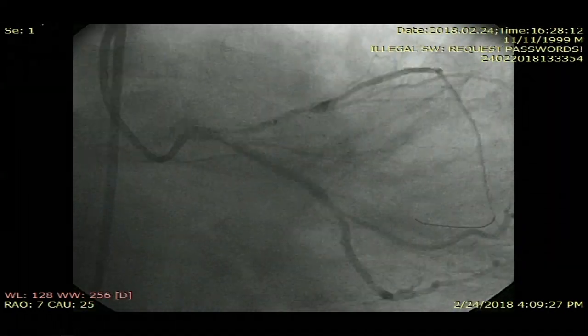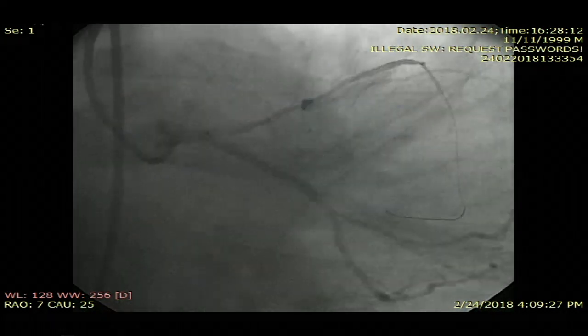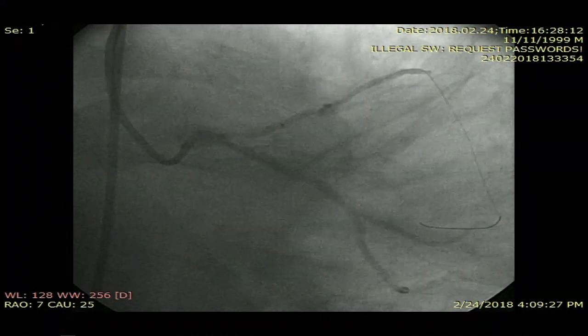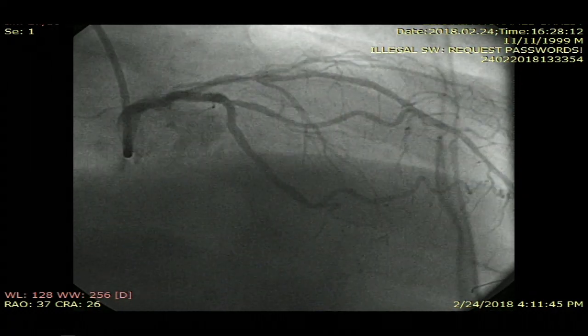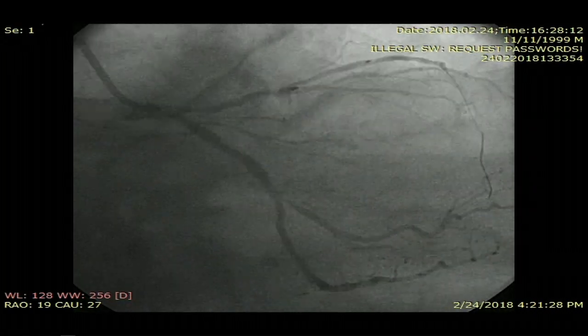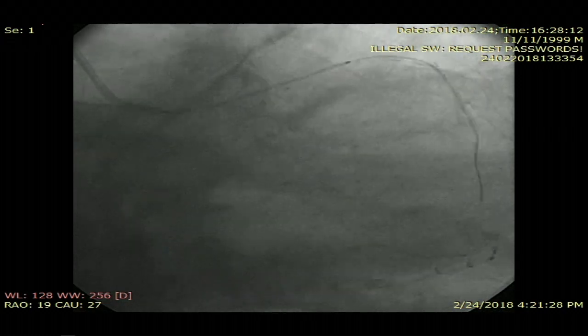So we re-entered the LAD again, and we pre-dilated the lesions very properly. This is the first lesion, and then we dilated also the second lesion to facilitate the passage of the stent. Then we put a long stent to cover both lesions.